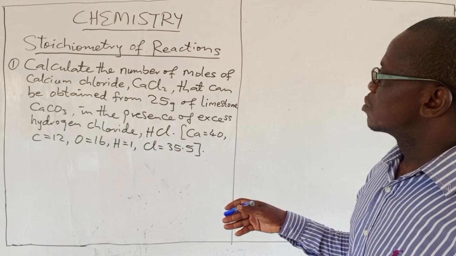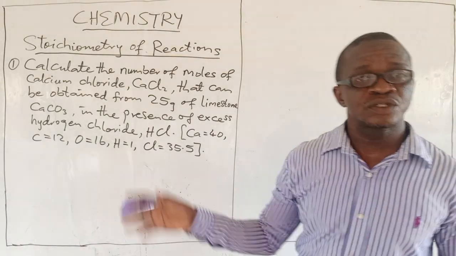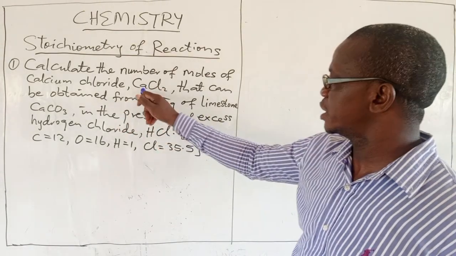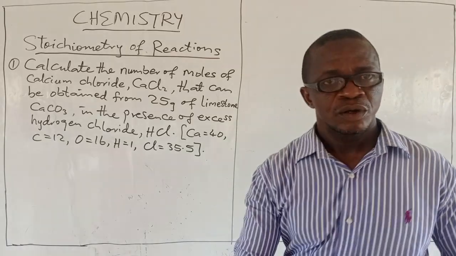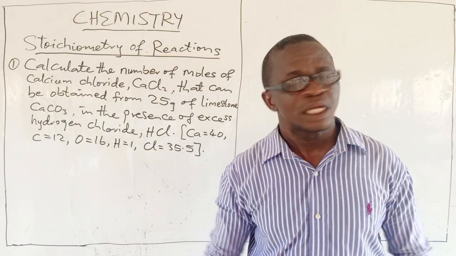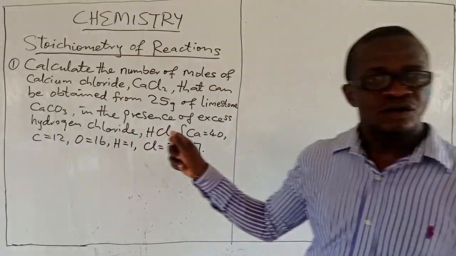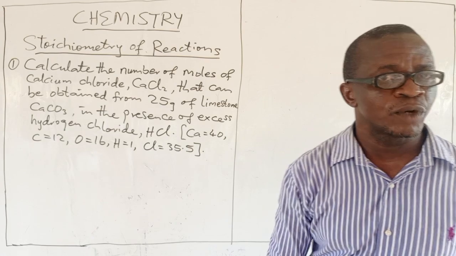Now, in some cases, you should know that they may not give you the formula. Remember, I taught you how to write correct chemical formulas. Don't throw them away. Go back and watch, then know how to write them. If they give you only the names, get the correct formula.